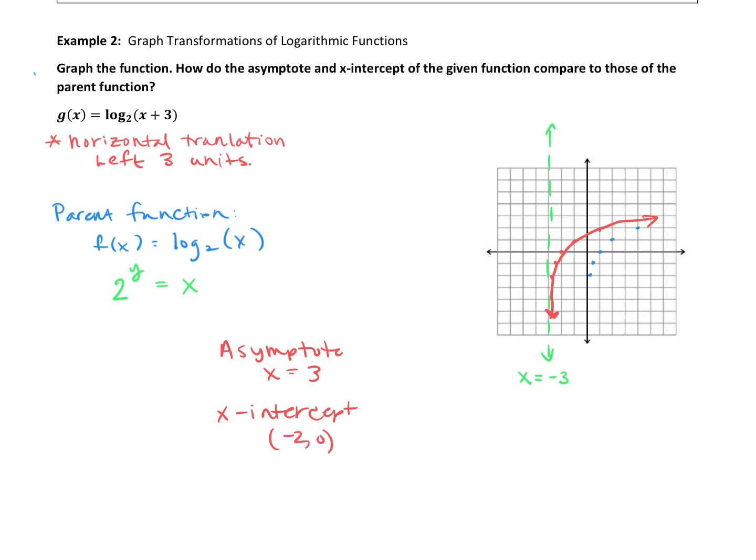So both the asymptote and the x-intercept, they both translated to the left 3 units. So what you'll find is that if you have a horizontal translation, your asymptote just moves right along with it, and your x-intercept will shift that same amount. So horizontal translations, you can expect the asymptote and the x-intercept to have the exact same change.